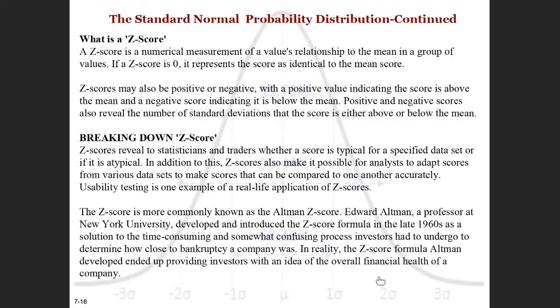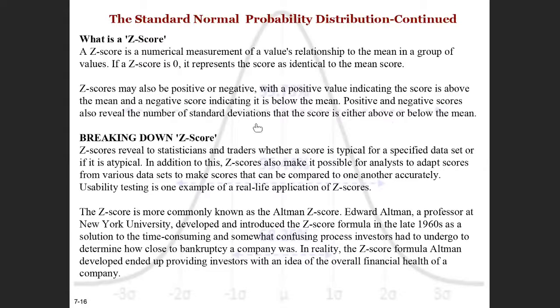And a Z-score is a numerical measurement of a value's relationship to the mean in a group of values. If a Z-score is 0, it represents a score identical to the mean score. Okay, so that's why it's always been said, if you have a standardized normal curve, the mean is always 0 and the standard deviation is always 1. Z-scores can be positive or negative, with a positive value indicating the score is above and a negative score is below.